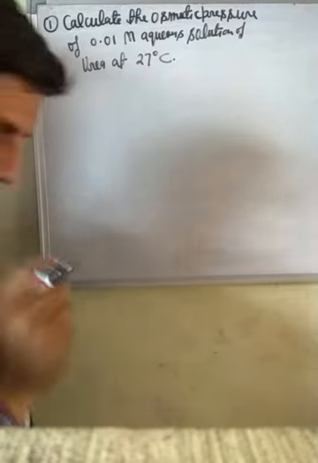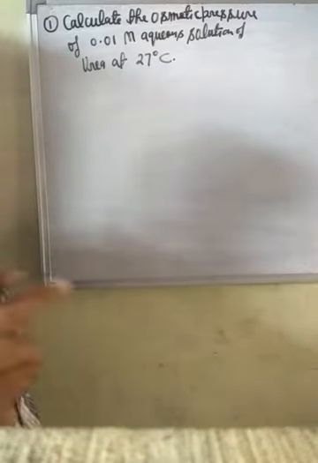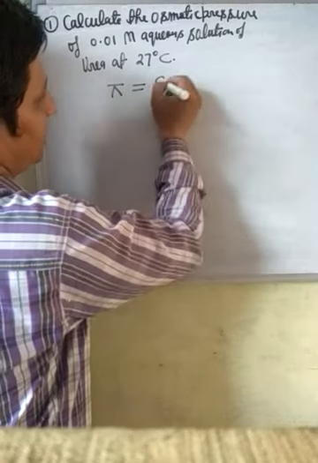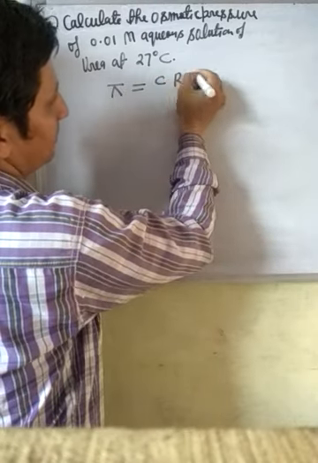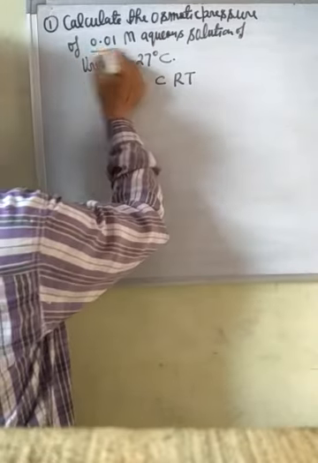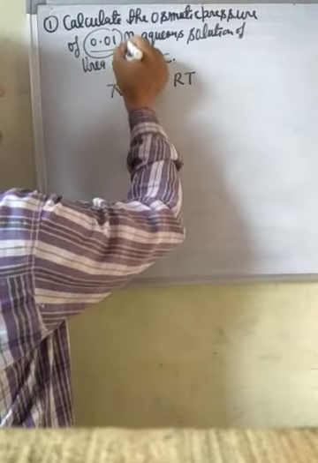Student, we know that Van 't Hoff in 1887 observed that for dilute solution osmotic pressure pi is equal to CRT. Formula of osmotic pressure is pi is equal to CRT. Here 0.01 is concentration.